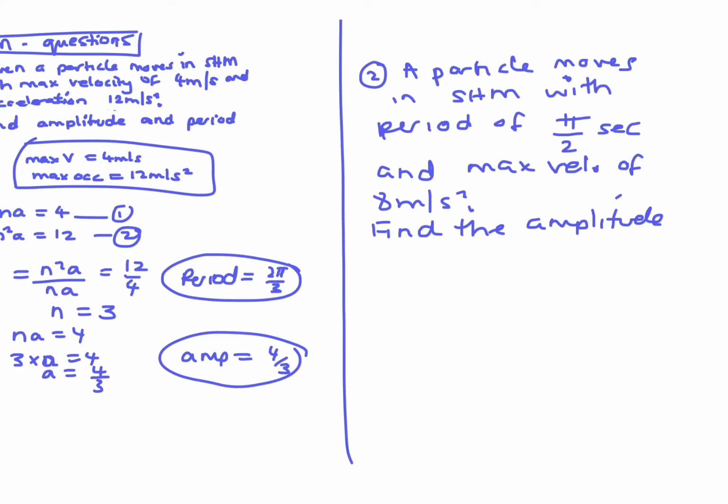Now a particle moves in simple harmonic motion with a period of pi on 2 seconds and a maximum velocity of 8. Find the amplitude. Okay, so the period is pi on 2. So that means that 2 pi on n equals pi on 2. The pi's will go out.